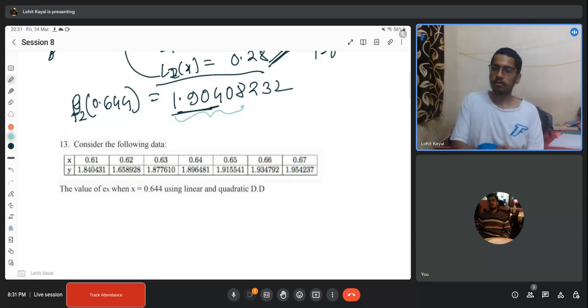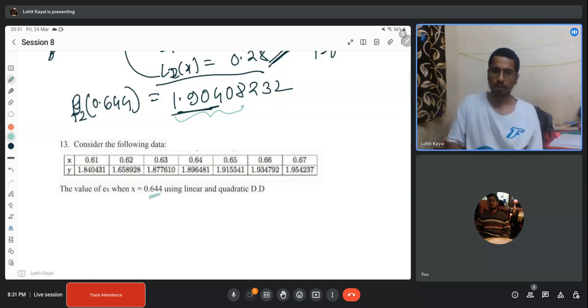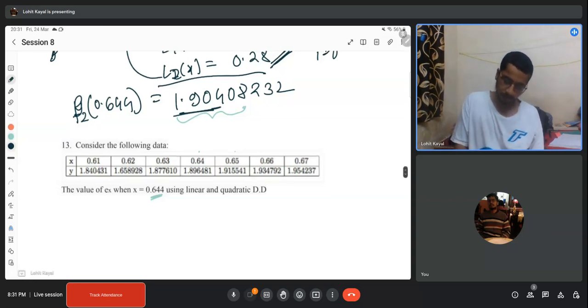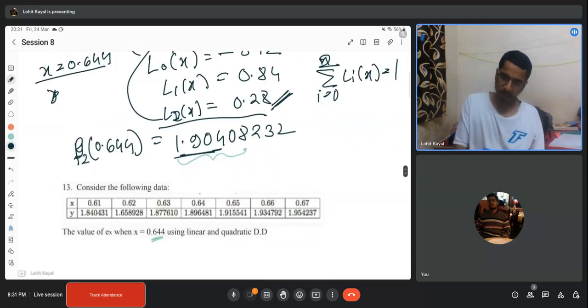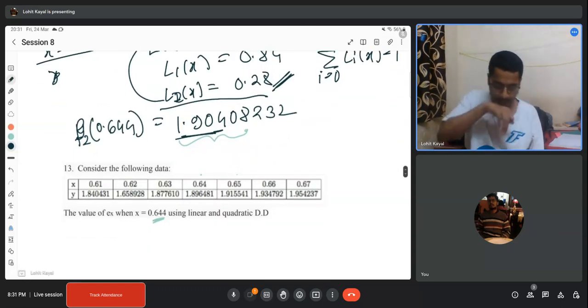So I will not go over why we will choose this limit 0.64 and 0.65, because it brackets 0.644. I will not talk about the range here. I will just show the calculation. In the quadratic we will choose 0.63, 0.64, and 0.65, these 3 points, and I have already clarified the reason in the Lagrange technique.